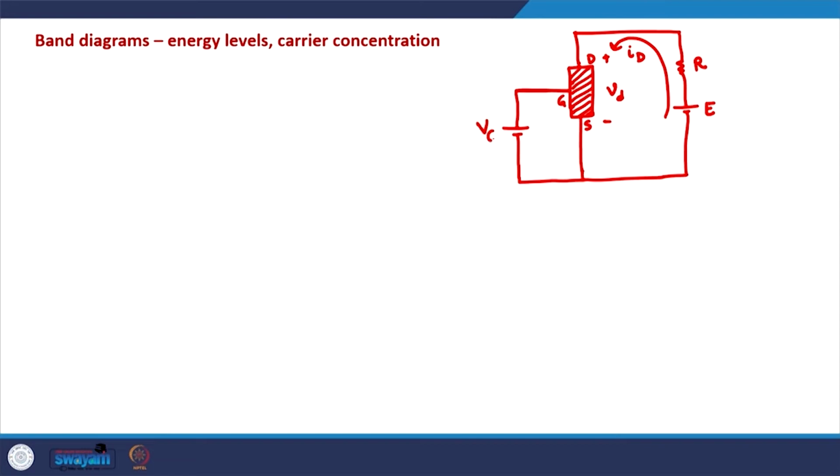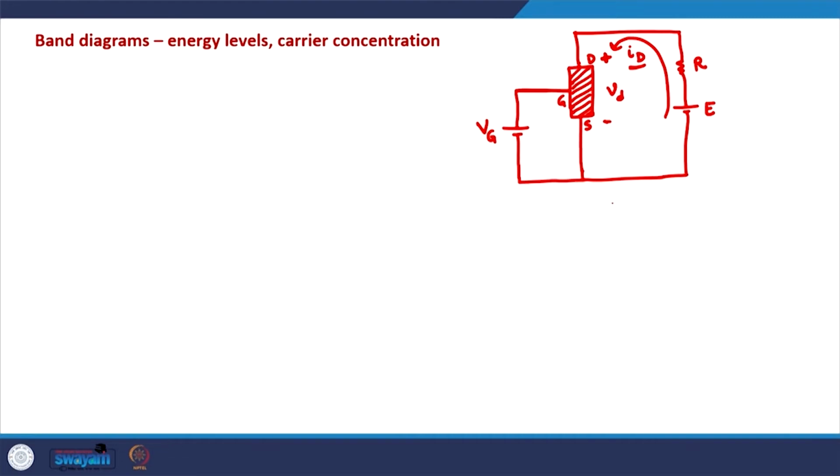So, this is the gate terminal, the gate voltage. Generally, the MOSFET IV characteristics: in this case, the current ID is flowing through the MOSFET between the drain and the source contact, and the voltage across the device is VD.